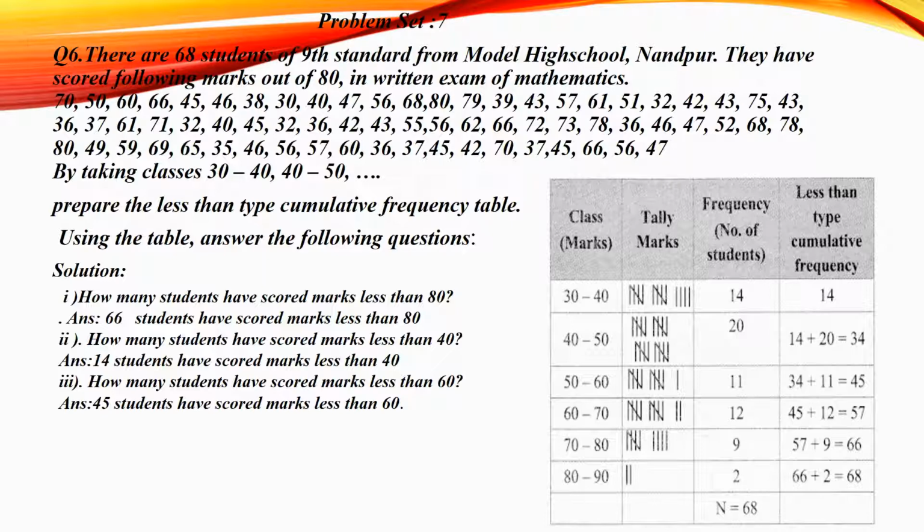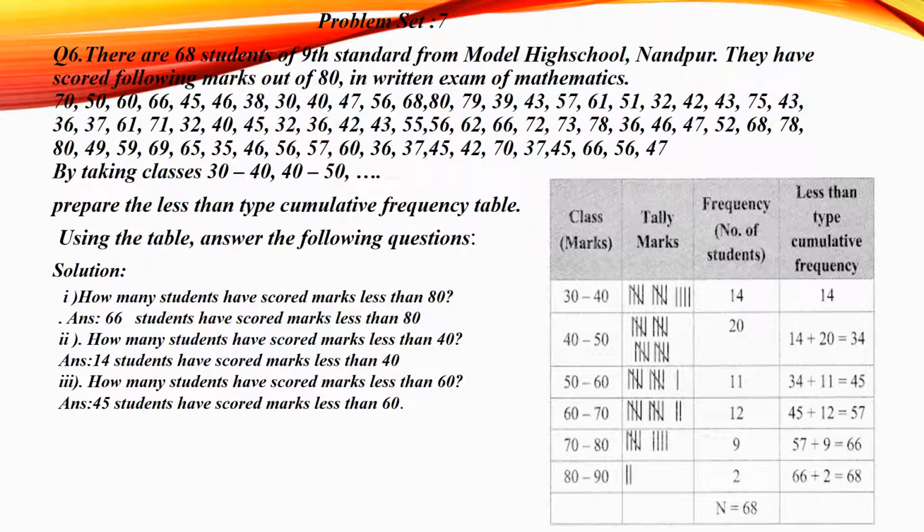In the next class 60 to 70, the cumulative frequency becomes 45 plus 12, that is 57. Then in 70 to 80 class, the cumulative frequency will become 57 plus 9 is equal to 66. In the last class, it will be 66 plus 2, and that is equal to 68.